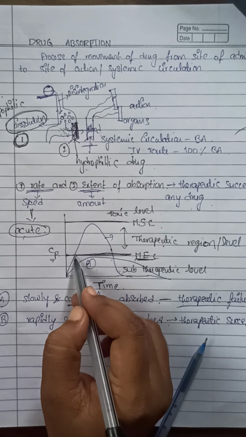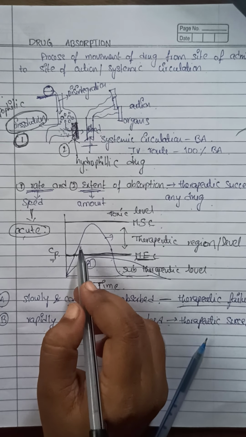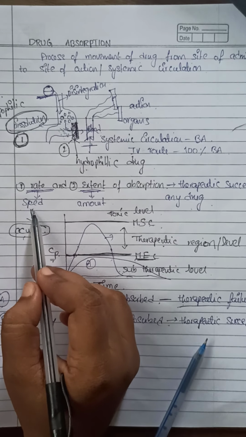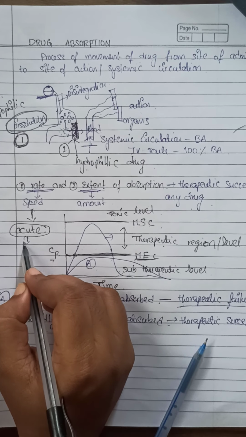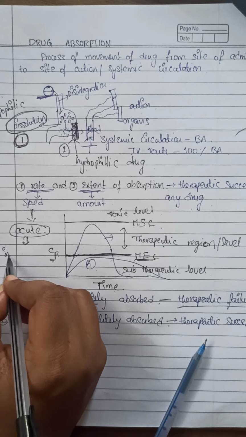If any drug is rapidly absorbed, that means with high speed, it easily crosses the minimum effective concentration and within less time it shows its action and we get the relief. So the rate of absorption is important in case of acute conditions where we require immediate action, that means emergency conditions.